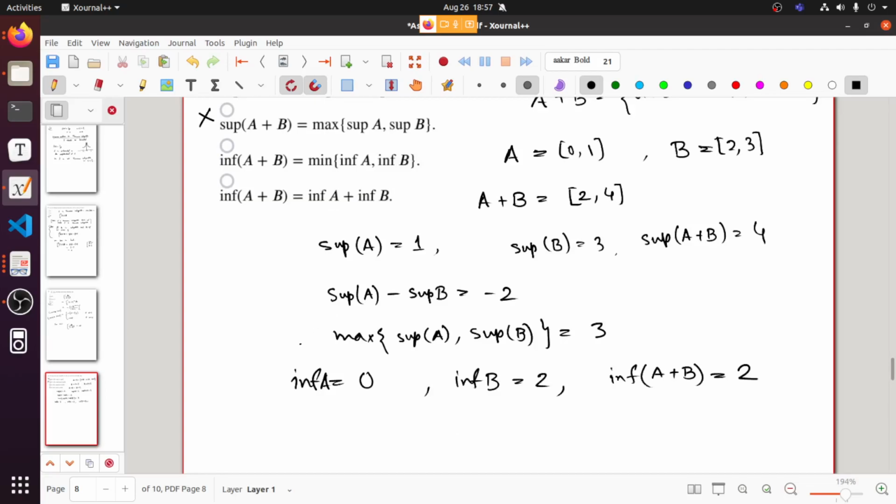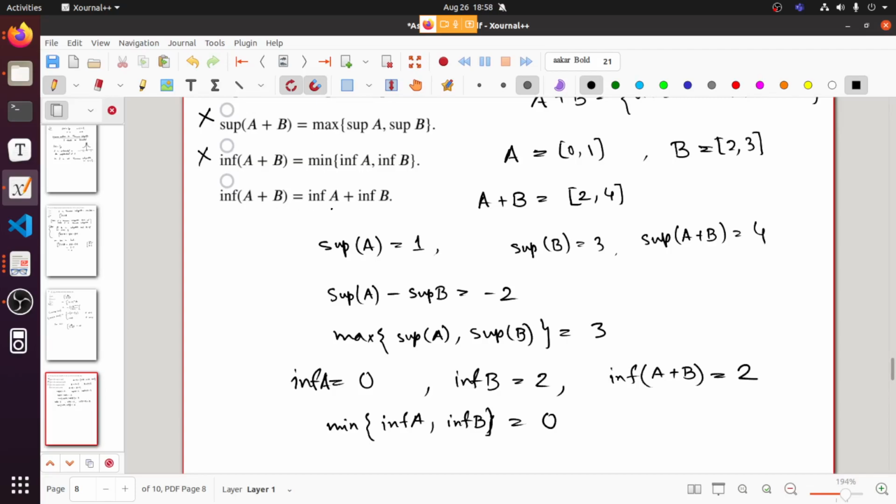Now what is the minimum of infimum of A and infimum of B? The minimum of 0 and 2 is 0, but infimum of A plus B is 2. So again option 3 is not correct. So only option 4 is correct, right?